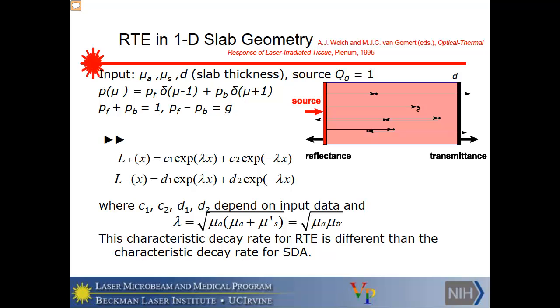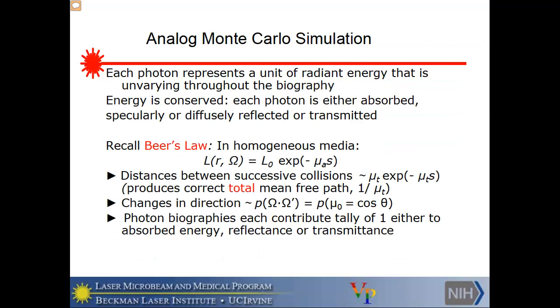It's different from the characteristic decay rate for standard diffusion. For that case, there's a 3 inside. And so if you plot RTE solutions against SDA solutions and go out far enough, you'll see this difference. Nevertheless, despite its simplicity, it's an easy and very useful problem to know about.